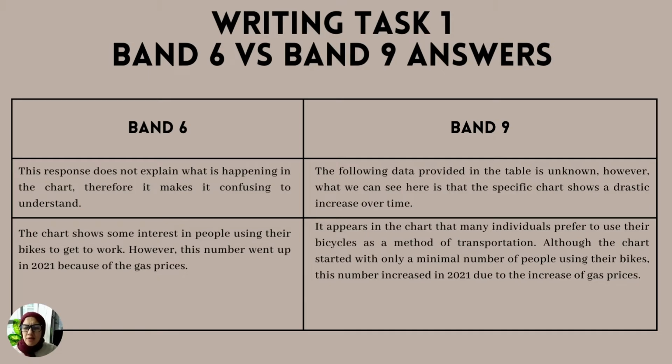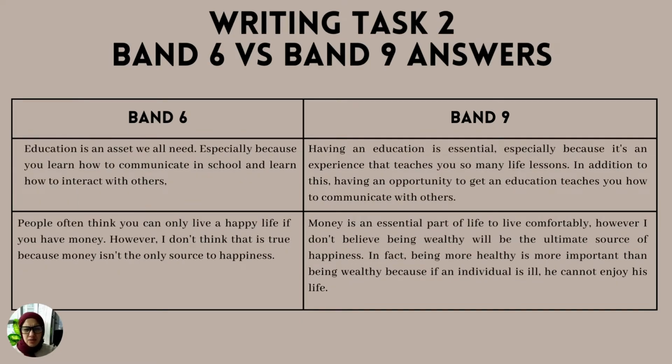So guys, if you are able to do this, you would score at least a band 8 and higher for this type of question. So let's look at the writing task 2, band 6 versus band 9 answers. For the band 6, education is an asset we all need, especially because you learn how to communicate in school and learn how to interact with others.